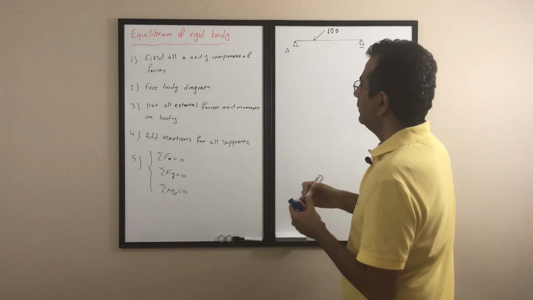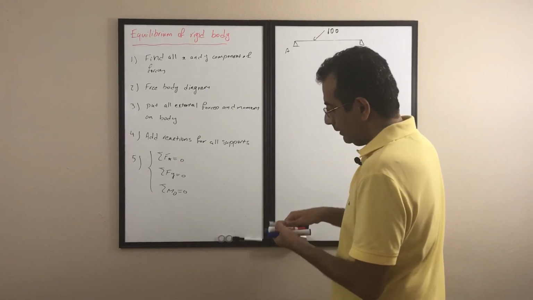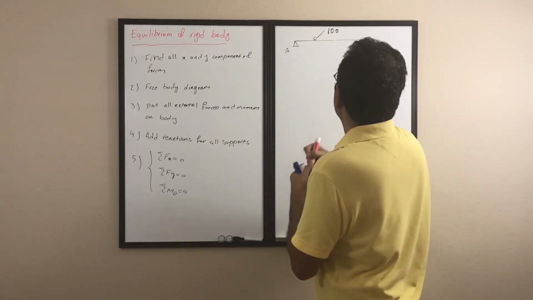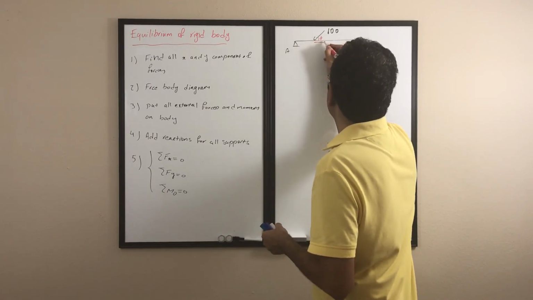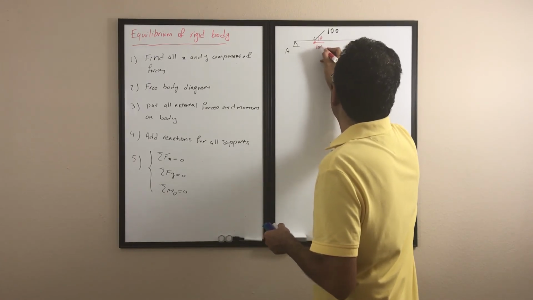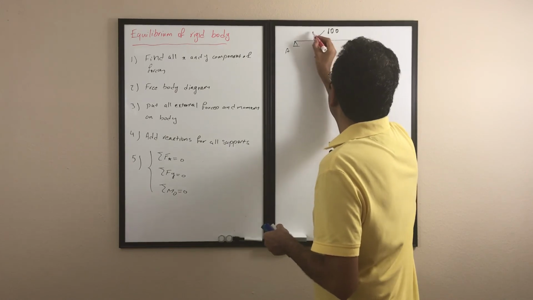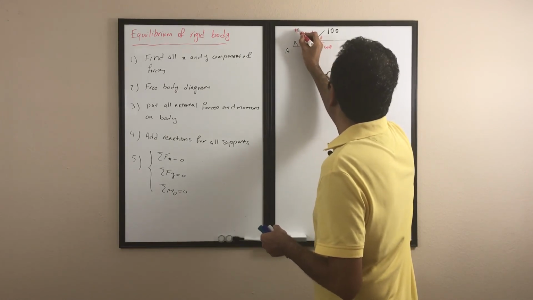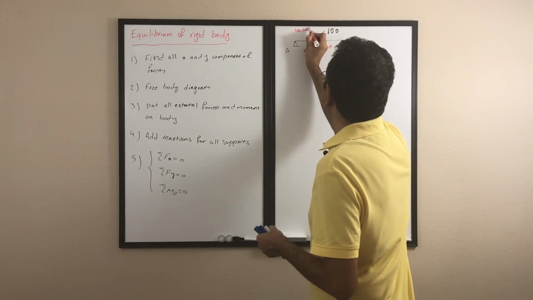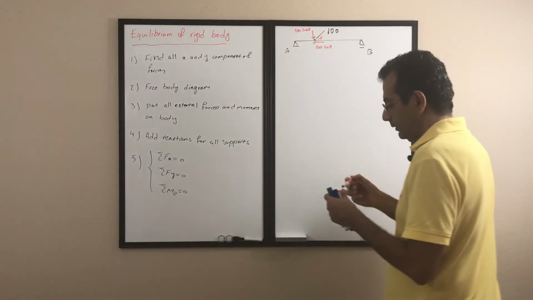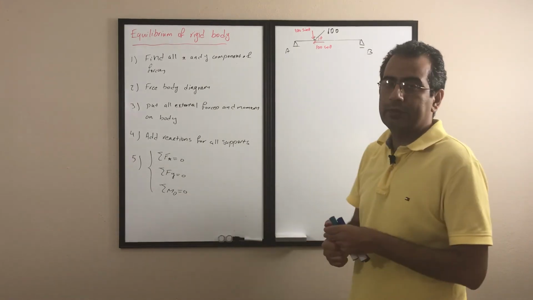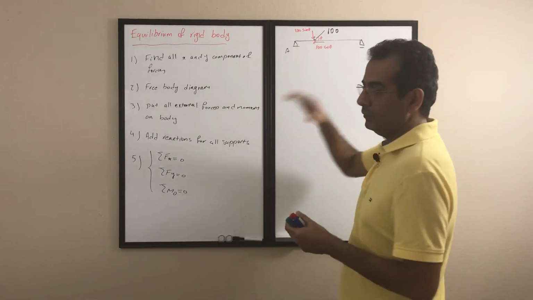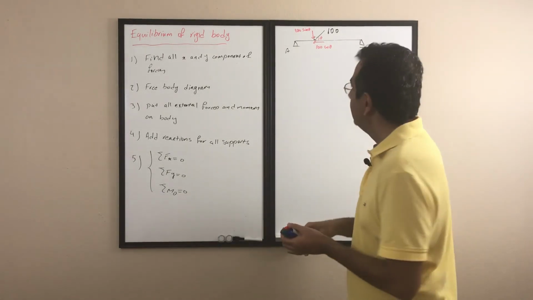The very first step I'm going to do is find the x and y components for that. If this is theta, it's going to be 100 cosine theta and 100 sine theta, and we know theta will be given in the problem. So find all the x and y components of the forces we have. If you have more forces, find all the x and y components.